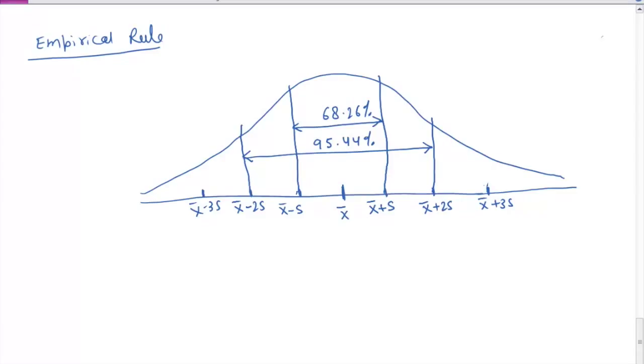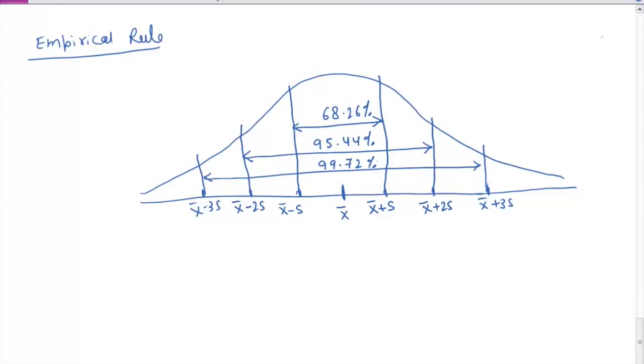And if you go to plus minus 3 standard deviations, which is this line, this will cover even more data points in the entire data set, and in fact this will cover 99.72%. So a very small percentage is beyond plus minus 3 standard deviations.